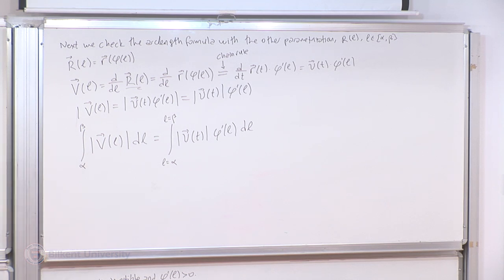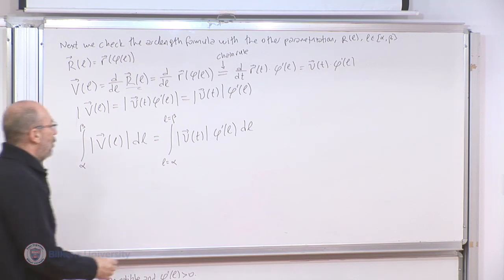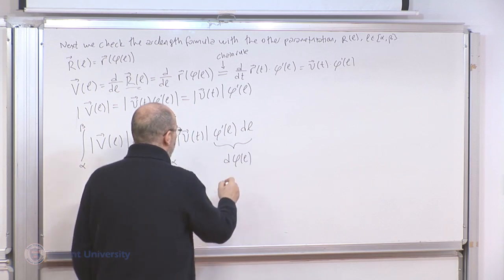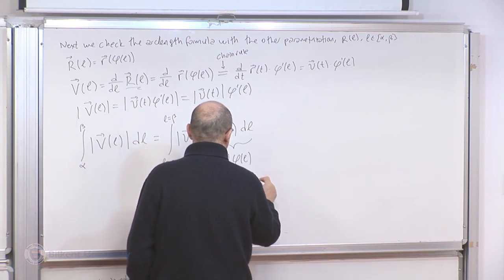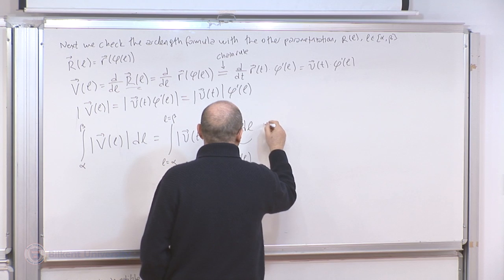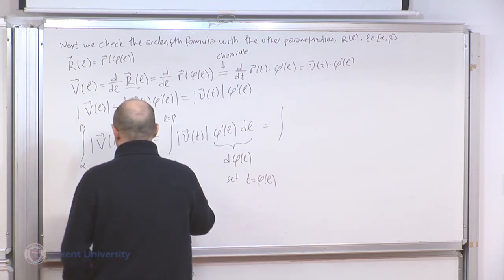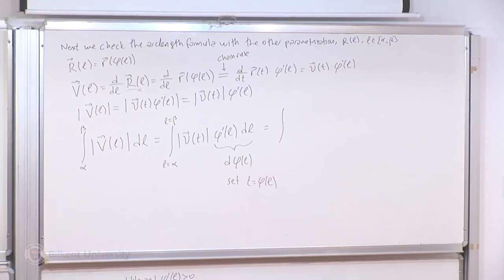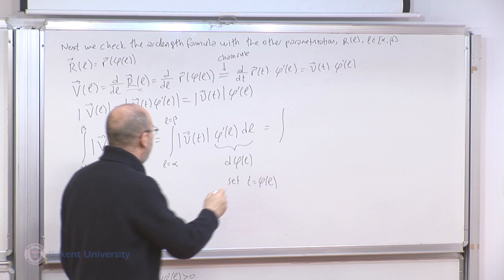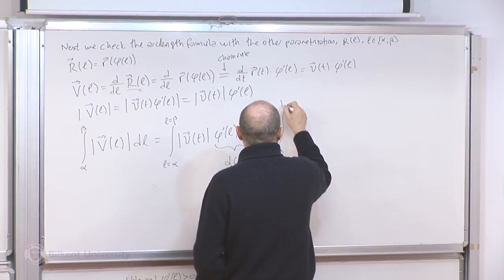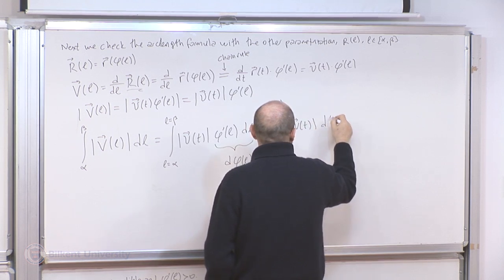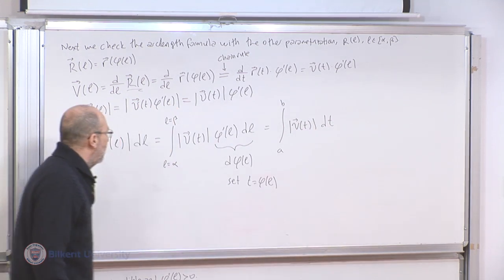Now we change coordinates, because you see that this whole thing, we remember, is d phi of L. So set T equals phi of L. When L is alpha, T is A. When L is beta, T is B. So this integral is now, as you expect, from A to B of V of T dT. This whole thing is dT.